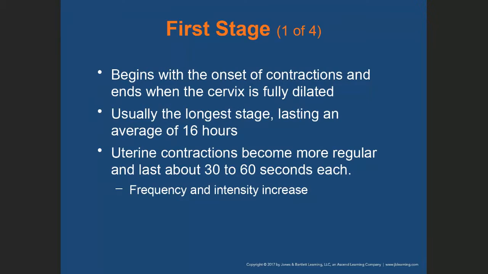Sometimes they can have what is called Braxton Hicks contractions, which is false labor. Basically, the uterus is practicing for the real event, and these contractions don't increase in intensity. So if it's going up in intensity and the interval is short, then you should be preparing.